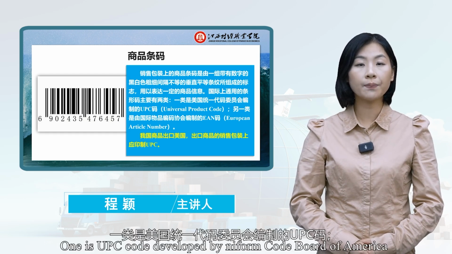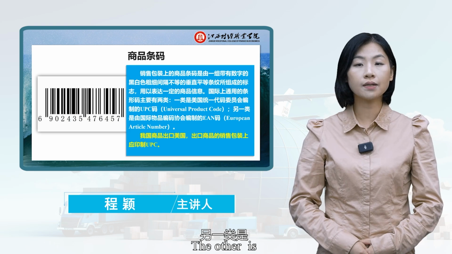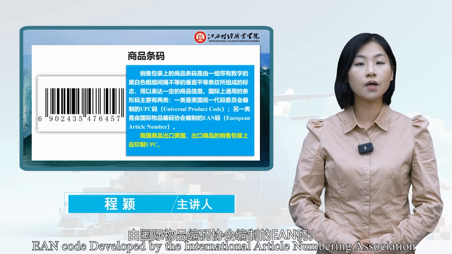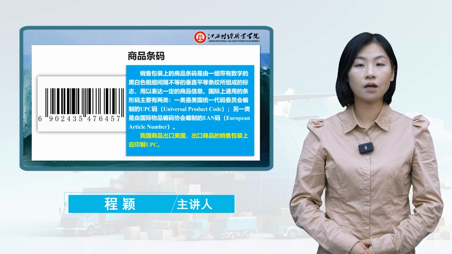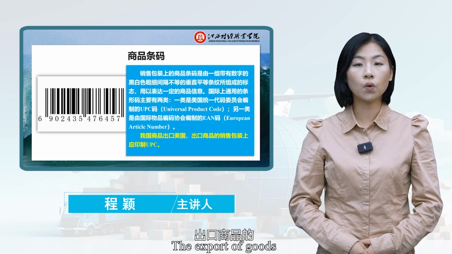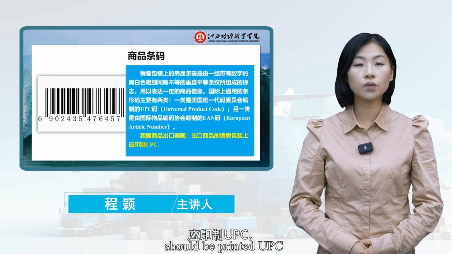One is the UPC code, developed by the Uniform Code Board of America. The other is the EAN code, developed by the International Article Numbering Association. For Chinese goods exported to the United States, the sales packaging should be printed with UPC.